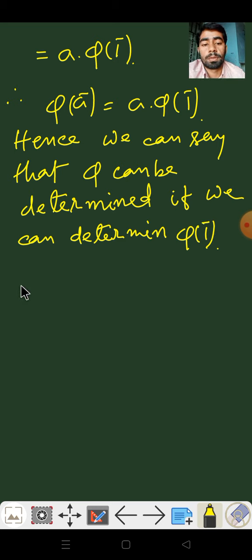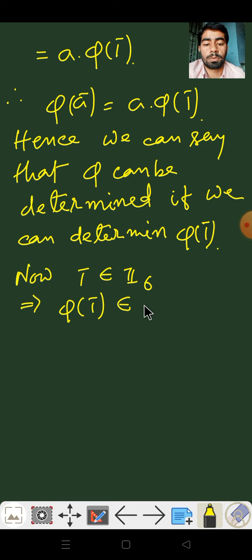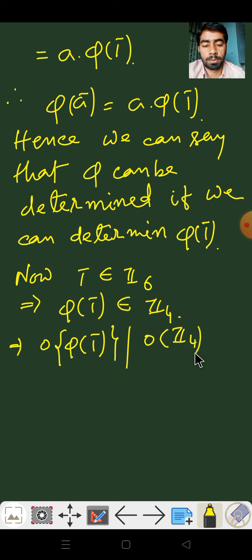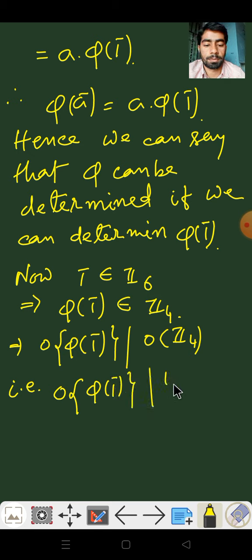Now, class of 1 belongs to Z6. This implies phi of class 1 belongs to Z4, which implies that the order of phi of class 1 divides the order of Z4, that is, the order of phi of class 1 divides 4.